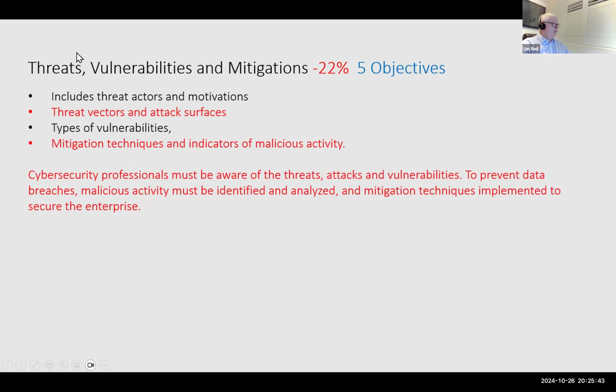Then it says understanding cybersecurity terminology and core concepts essential to cybersecurity work. Then you've got the threats, vulnerabilities, and mitigations. You've got threat actors and motivation, threat vectors and attack surfaces, types of vulnerabilities, and mitigation techniques and indicators of malicious activity. Now, this is 5 objectives, and it's 22% of your exam.